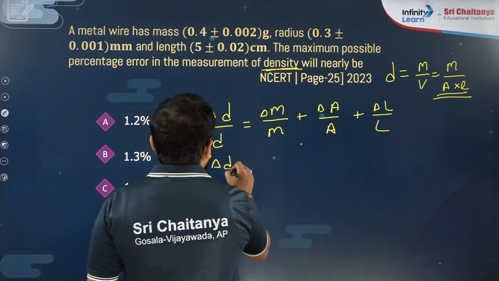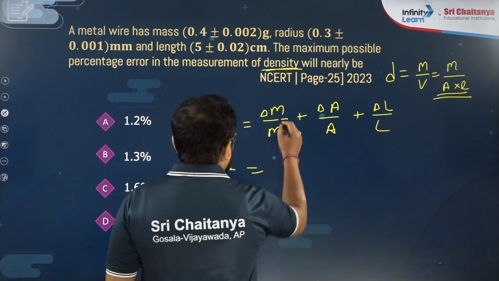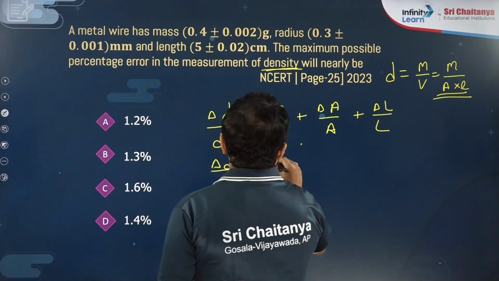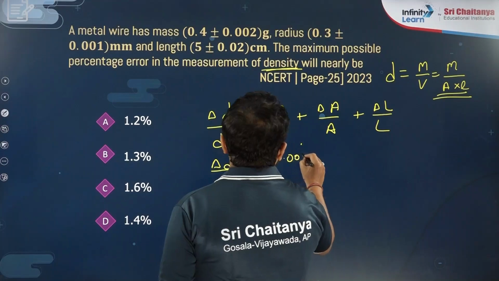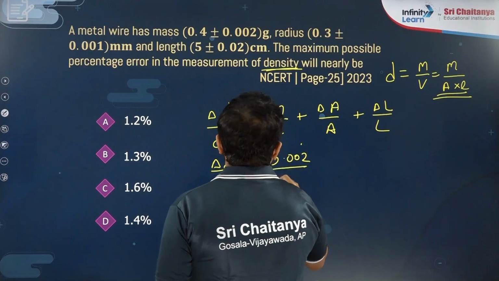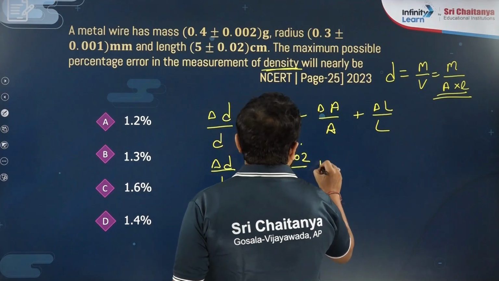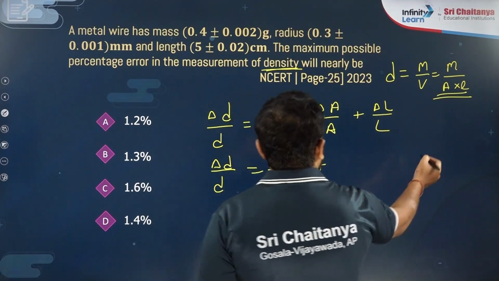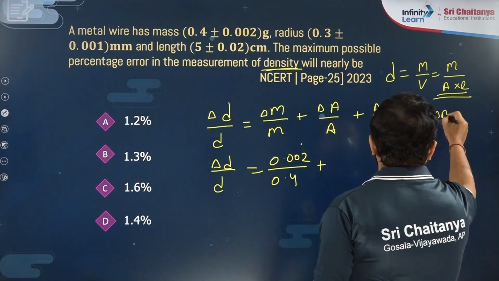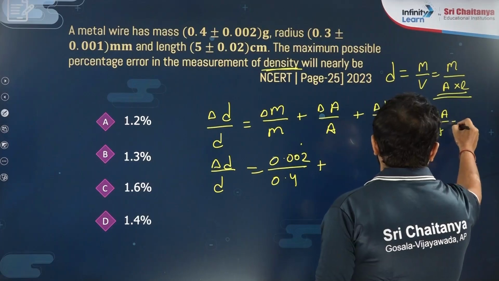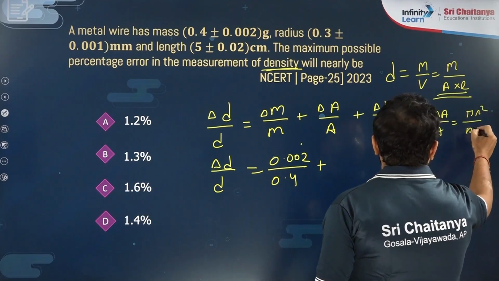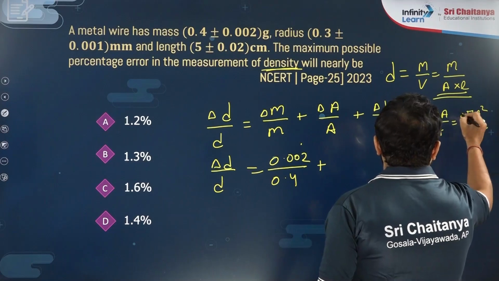So delta D upon D will become delta M upon M, that is 0.02 divided by 0.4, plus delta A. What is the area? How can you write delta A? Delta A can be written as pi r square by pi r square, delta r.